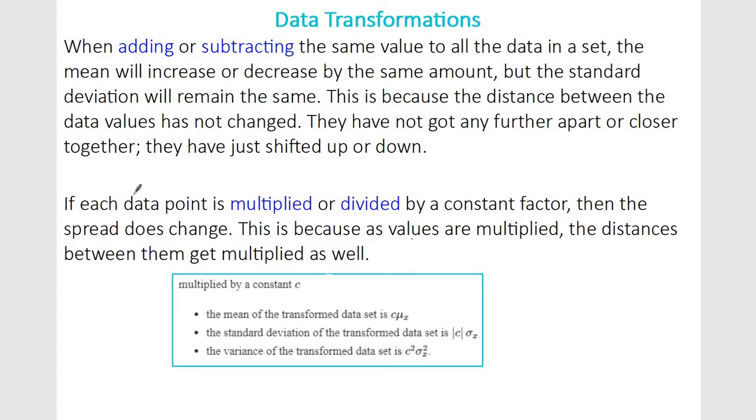Okay? So if each data point is multiplied or divided by a constant factor, that does change the spread. So these are the things that we want to do when we multiply or divide by a factor. For all our values, the mean is multiplied, the standard deviation is multiplied by the absolute value, so just the positive, and the variance is transformed, but you have to square that value, because again, variance is standard deviation squared.